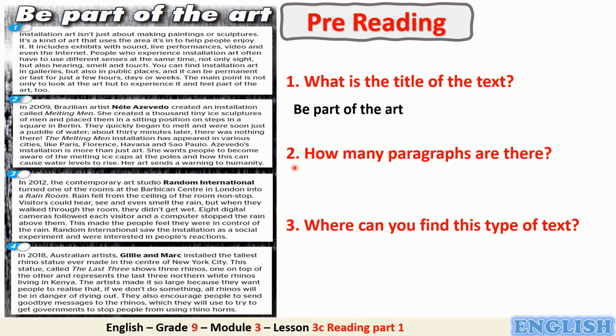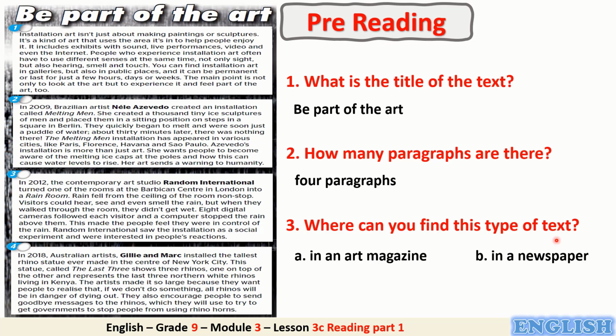Number 2. How many paragraphs are there? Very good. 4 paragraphs. Question number 3. Where can you find this type of text? In an art magazine or in a newspaper? Well done, my students. It's in an art magazine.